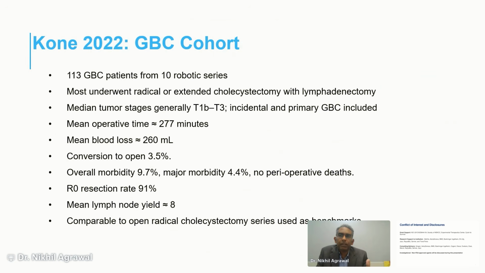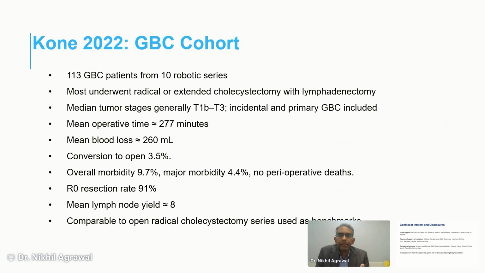When we look at a larger robotic series of all biliary tract cancer, out of that, if we look at the robotic gallbladder cancer cohort, there were 113 patients from a review in 2022, and the tumor stage was T1b to T3, and mean operative time was 277 minutes with a mean blood loss of 260 ml.